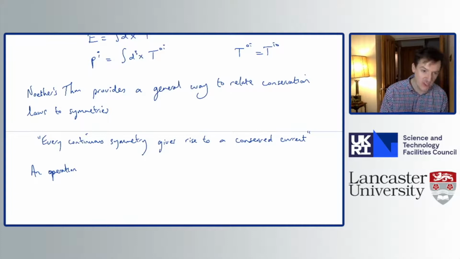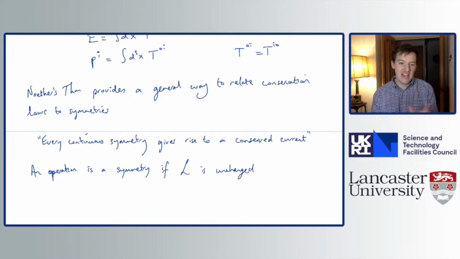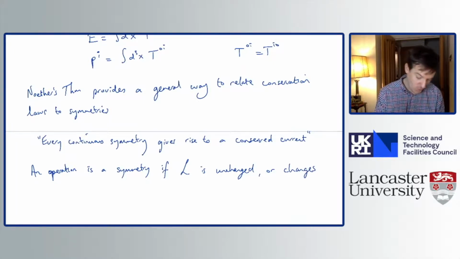So let's define what that is. An operation is a symmetry in my theory if L is unchanged, or I can relax it a little bit, or L can change by a 4 divergence.